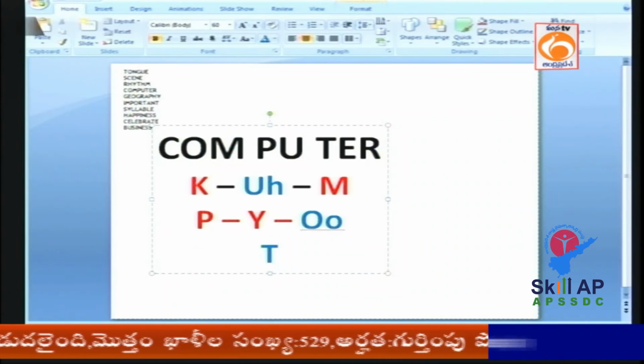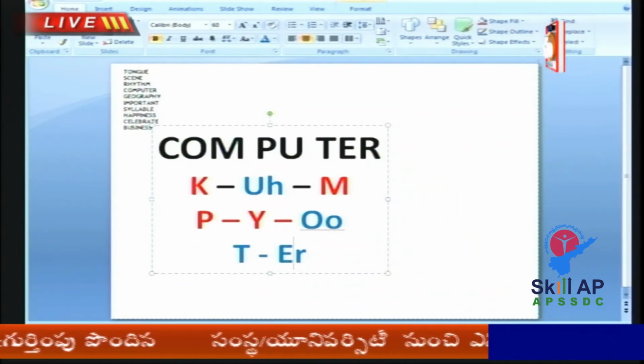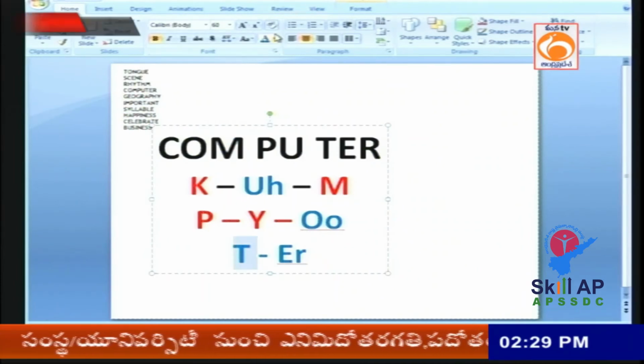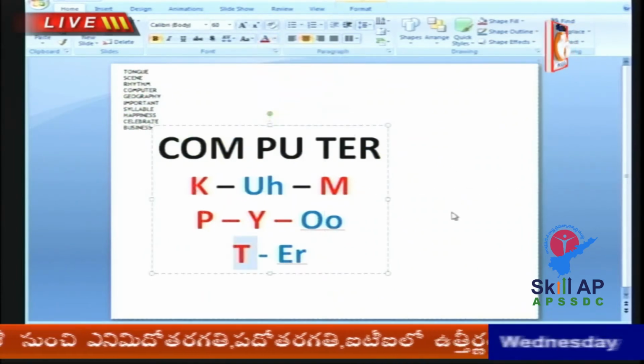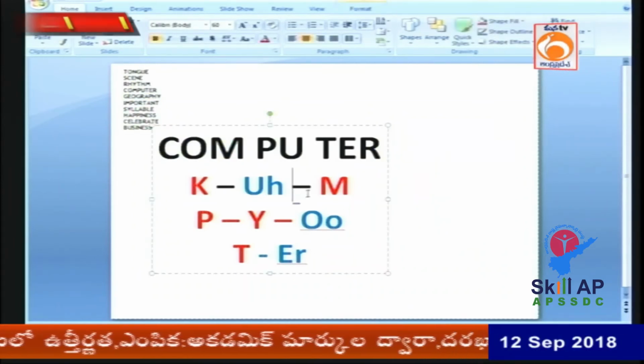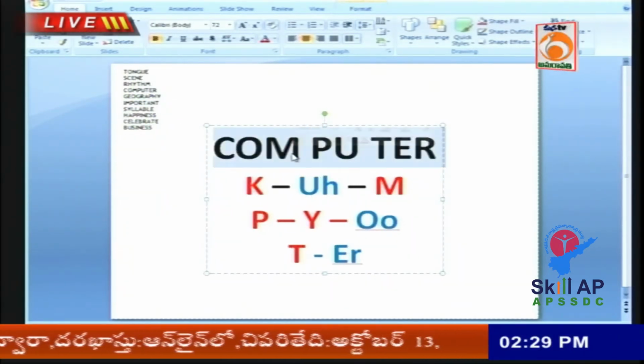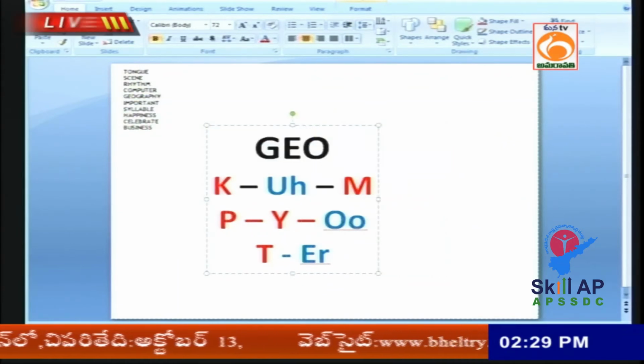So we have a t sound, then a vowel sound. So it's computer.